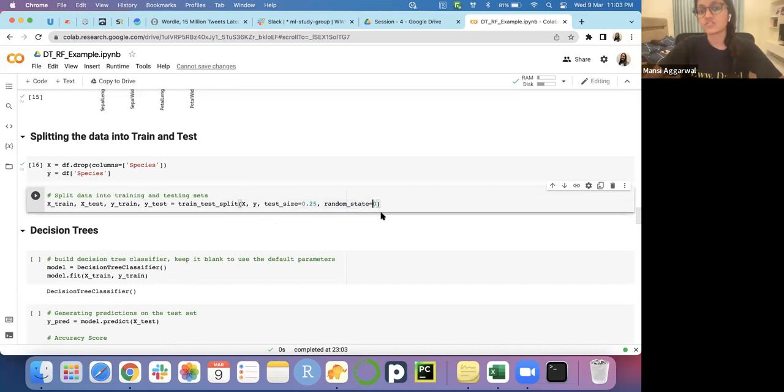Random state is 0, so that we save the randomness. Every time I run the notebook, the random split remains the same, so that if I want to repeat an experiment, I can do that. The respective splits will be saved in these four variables, that is X train and X test, Y train and Y test.